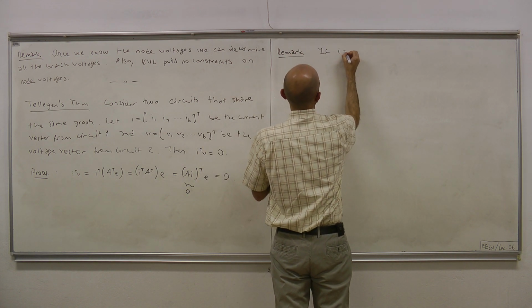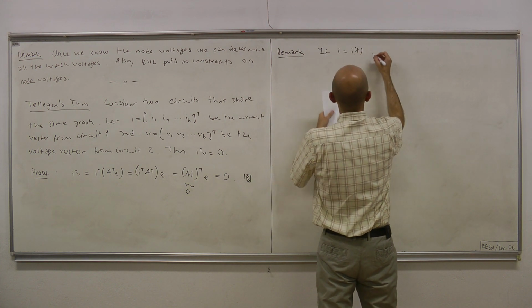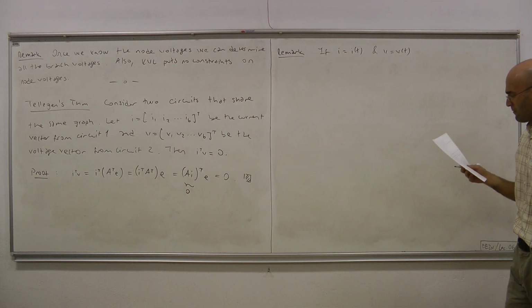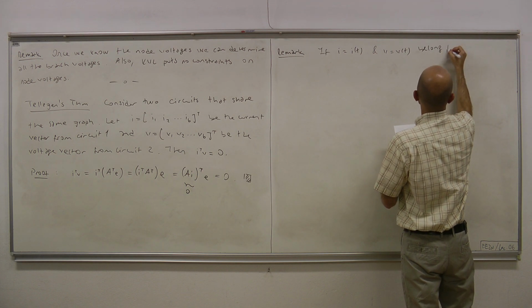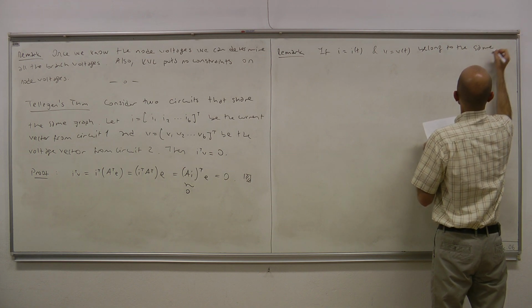If by I and V we mean I of t and V of t, those two vectors belong to the same circuit.